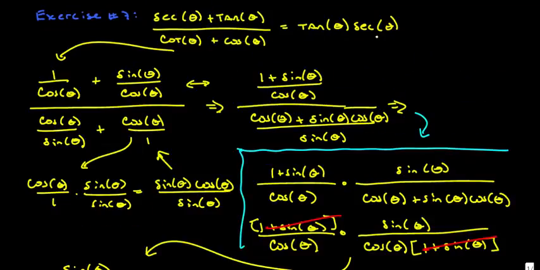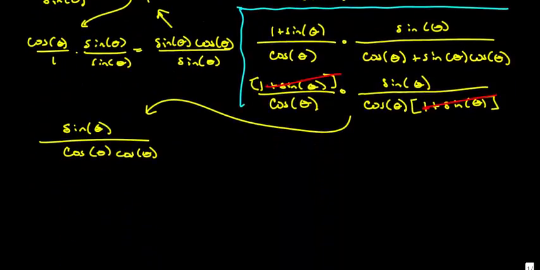I want to get a tangent and a secant, so I need two terms. So what I'm going to do now is break this up like this. I'm going to say this is sine times 1, because you can multiply anything by 1. Now I'm going to have sine theta over cosine theta times 1 over cosine theta.